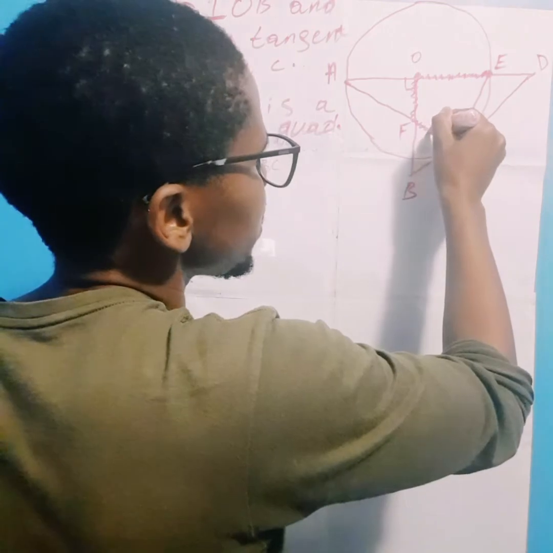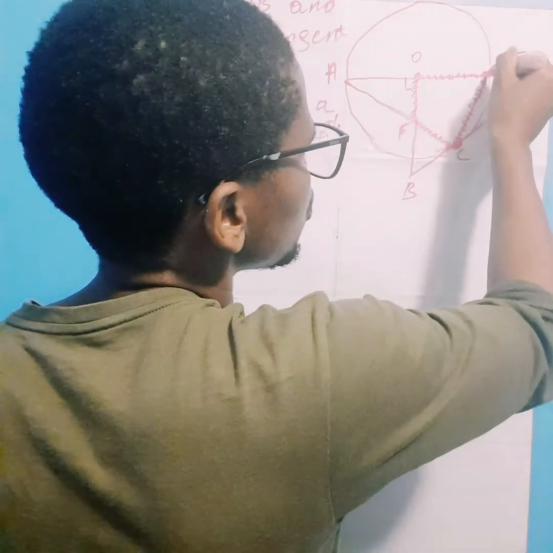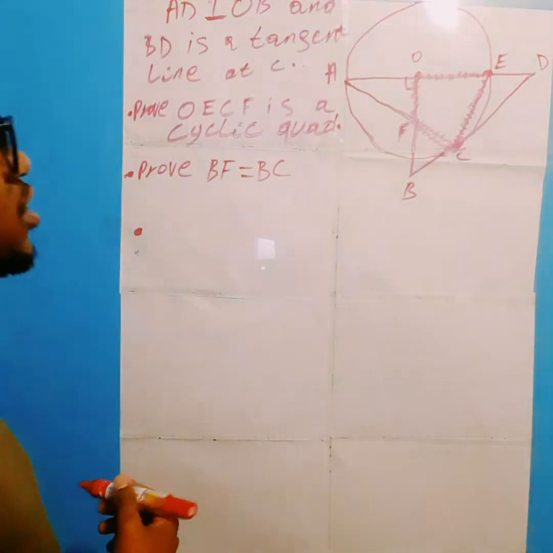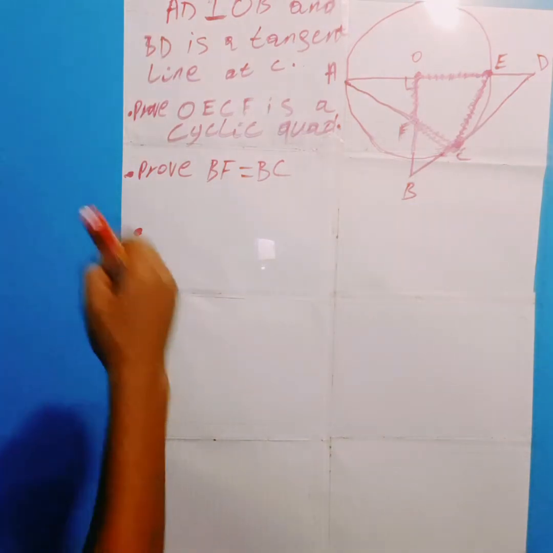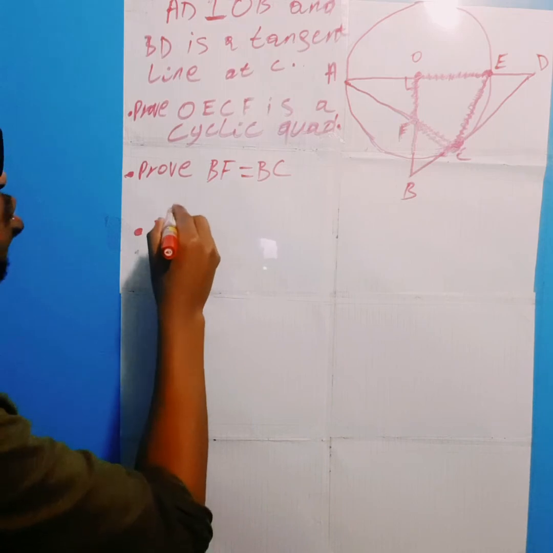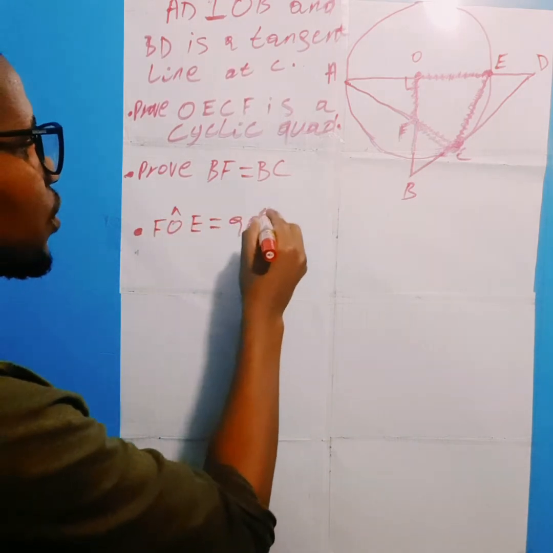So this is the quadrilateral that we must prove is a cycle quad. The first fact that you have here is that the angle FOE is equal to 90 degrees.